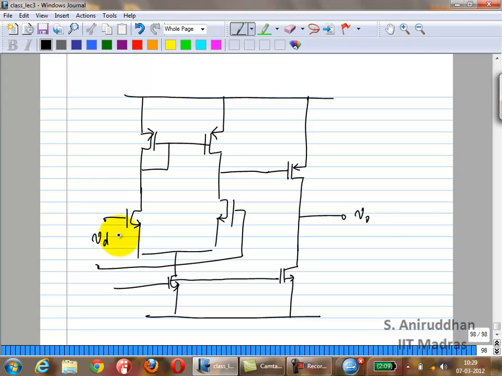This is what your two-stage op-amp is going to look like. We call this VB for now.